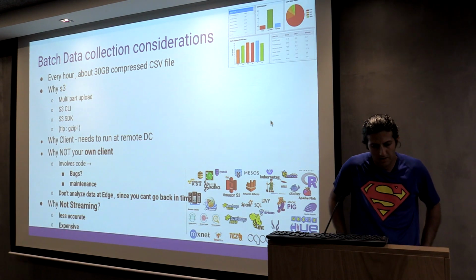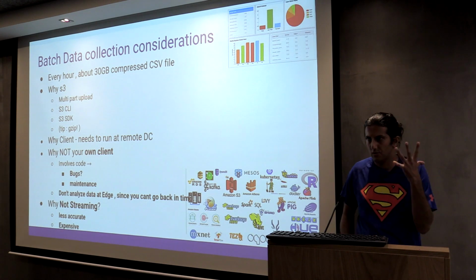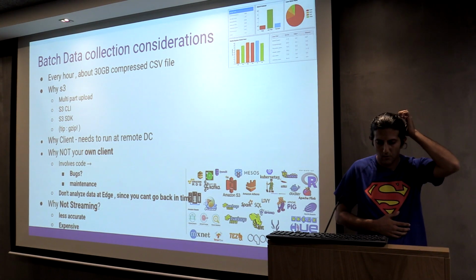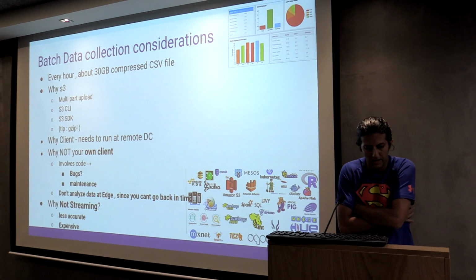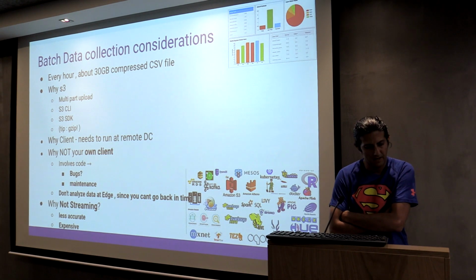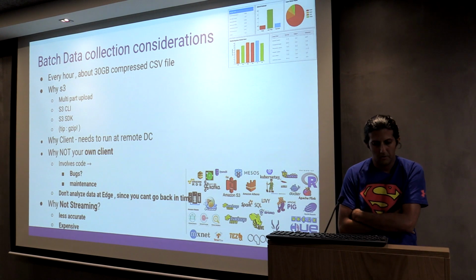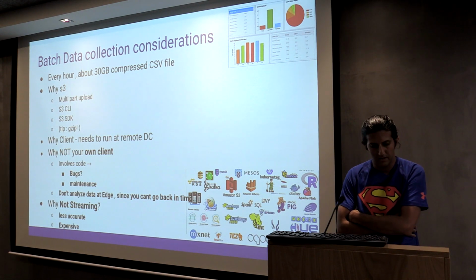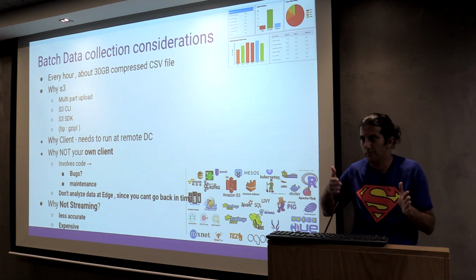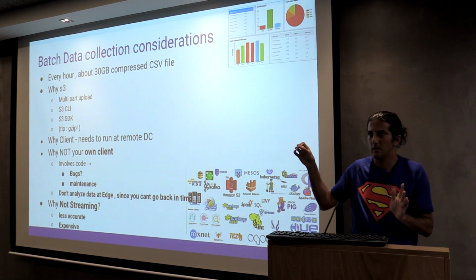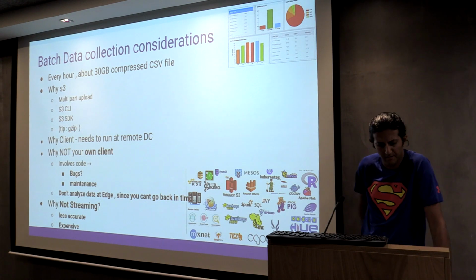Batch data collection considerations, just to give you some data: the velocity was about 30 gigabytes of compressed CSV files. We use S3 because it uses multi-part upload, which is a convenient way of splitting the file for you and utilizing the network faster.